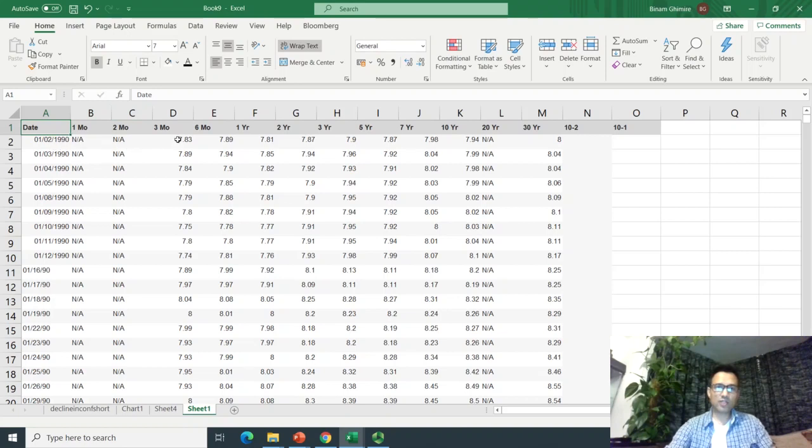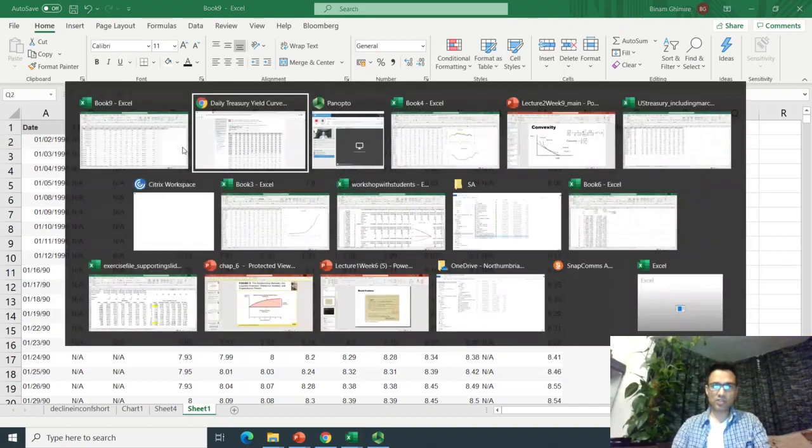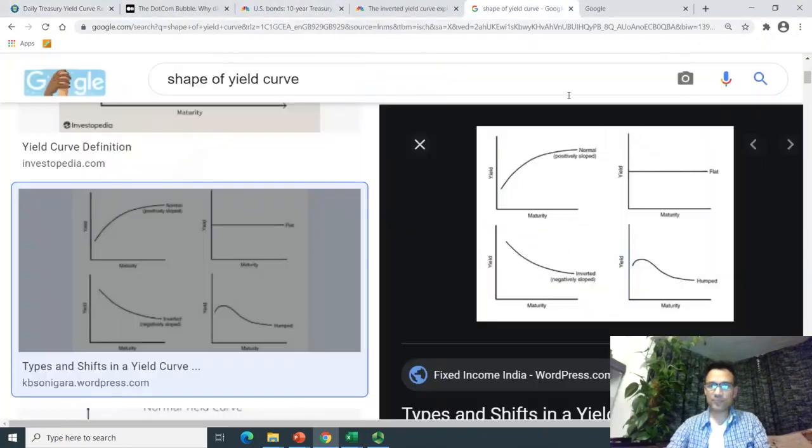So now we can talk about the different shapes of the yield curve, starting with the normal or positively sloped yield curve, which is here in the diagram. This one on the top left, positively sloped, normal.